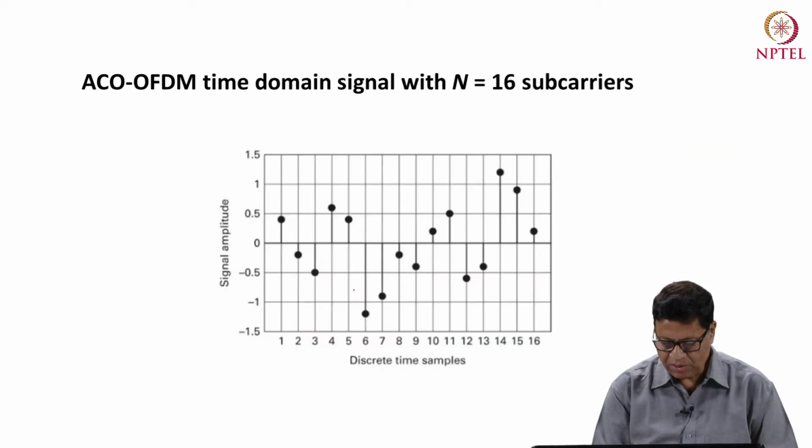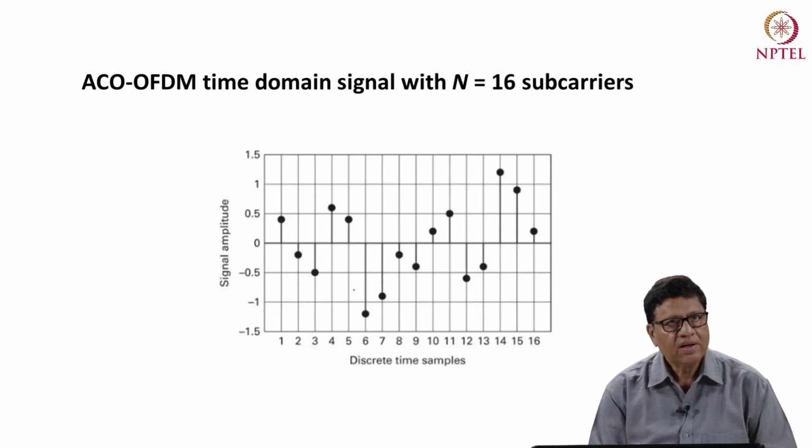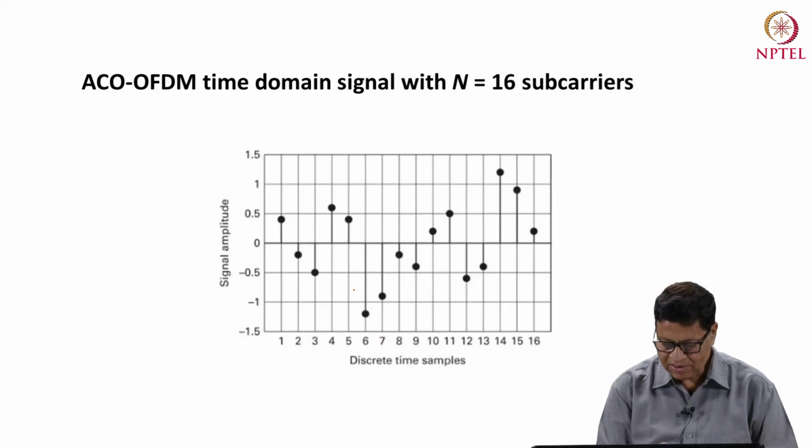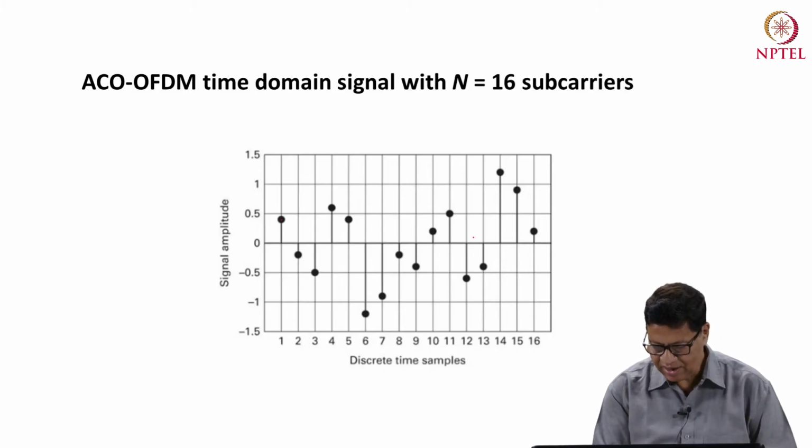This is the output of the IFFT if the odd subcarriers are carrying data and even subcarriers are 0. So you will notice this is N equal to 16. So you see here this is +1, and if you see exactly halfway after, you have -1, and similarly this is minus some level, this is plus some level, and so on and so forth.